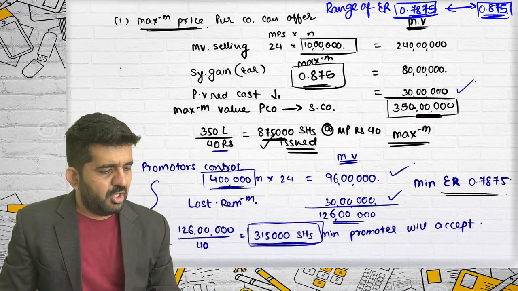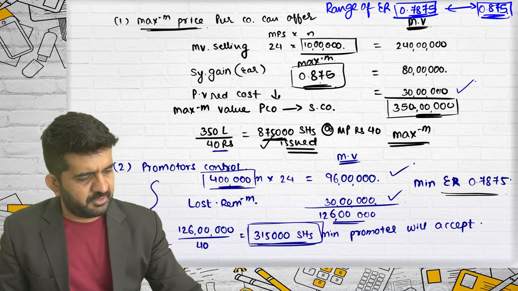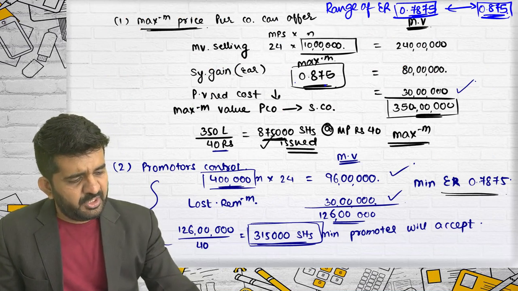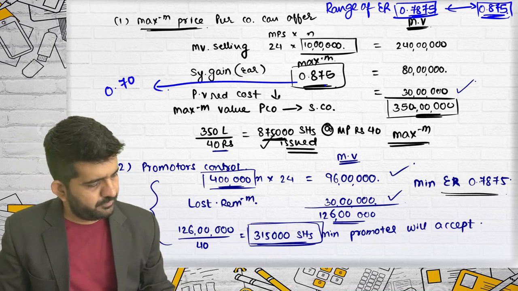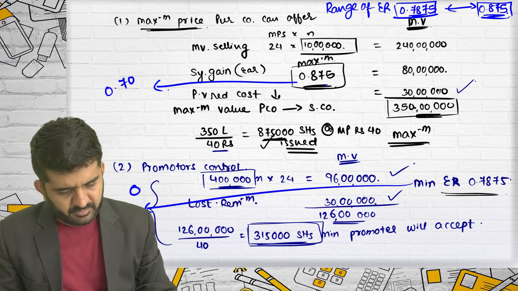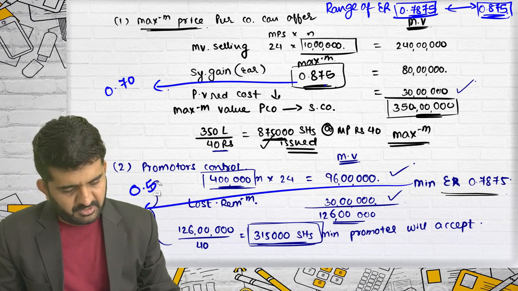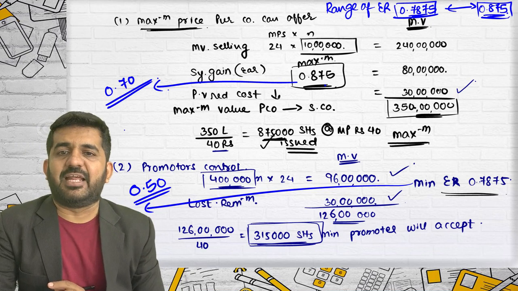Is it all right? All right. Let me ask a student. Anyone can answer me. If this was 0.70 and this was 0.50, then what would have happened? Can anyone tell me the range?